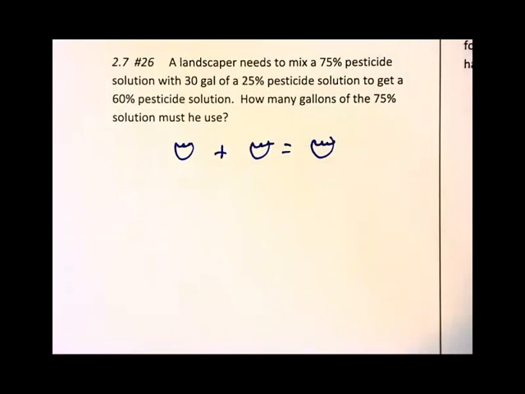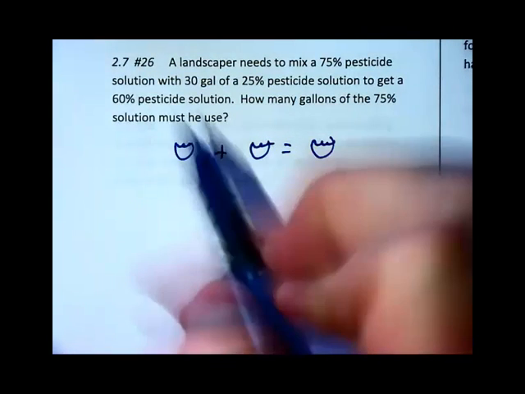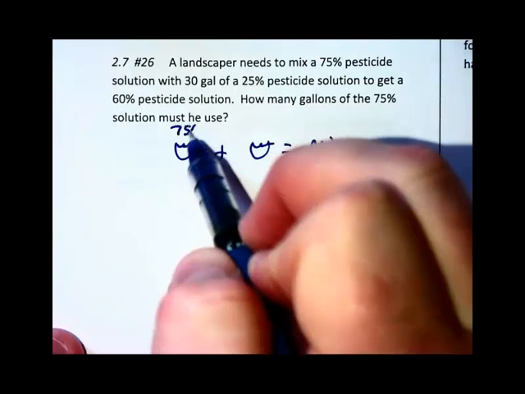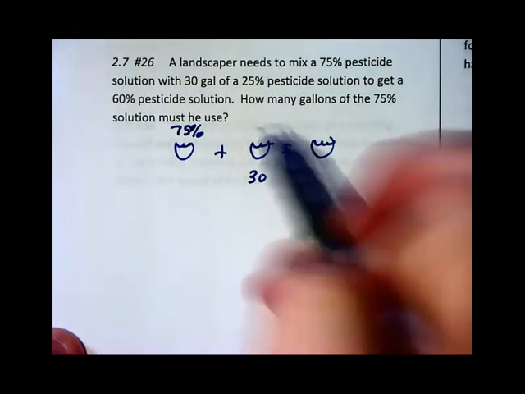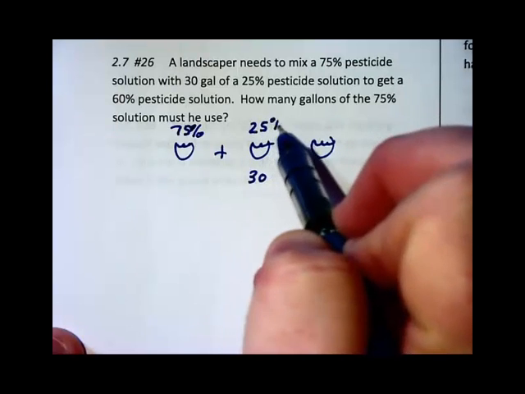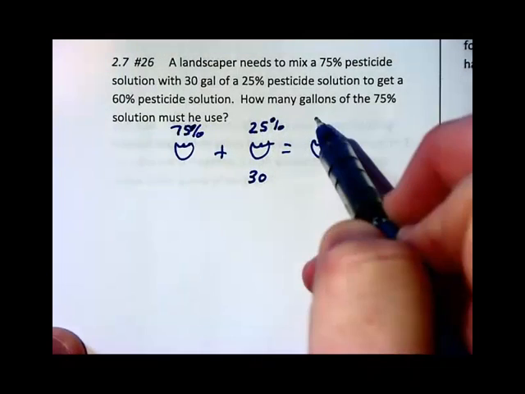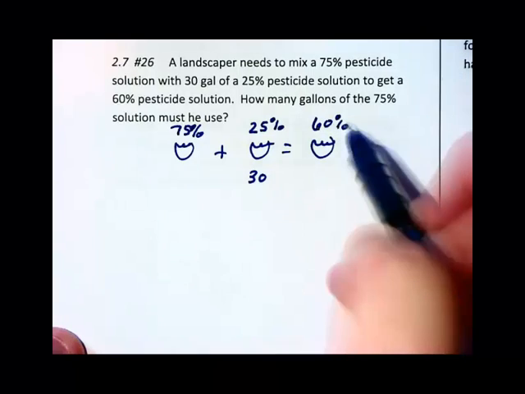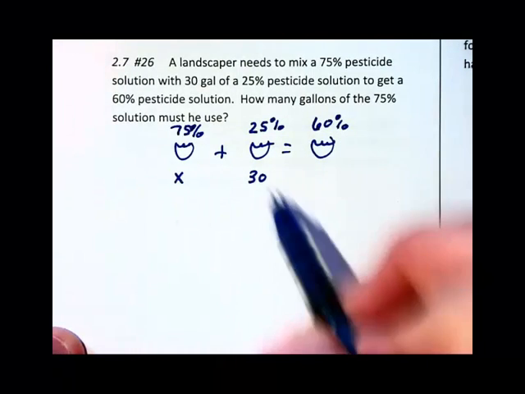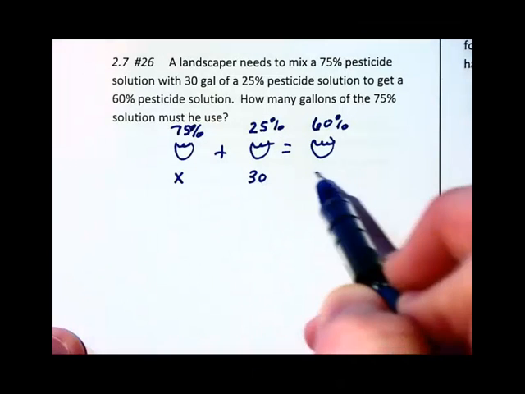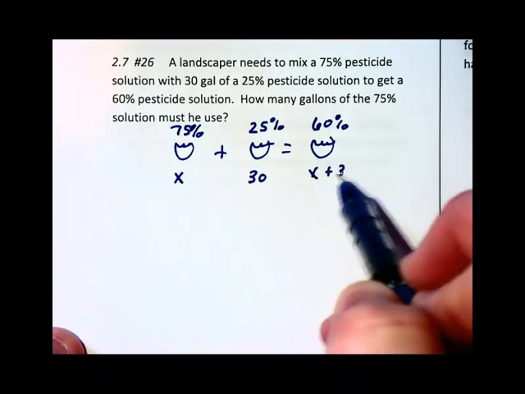A landscaper needs to mix a 75% solution, that's a percent, with 30 gallons of a 25% pesticide to get a 60% pesticide solution. We don't know how much we're mixing in. We know there's 30 gallons there in the center, so we're going to have x plus 30 gallons over on the right.